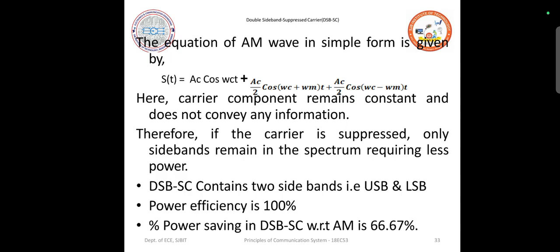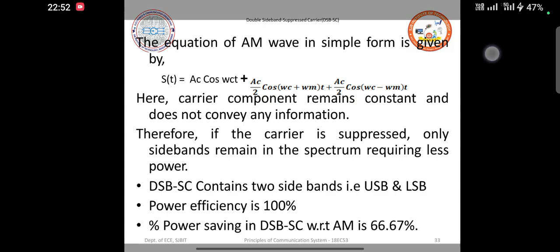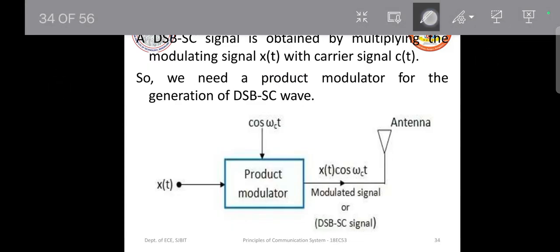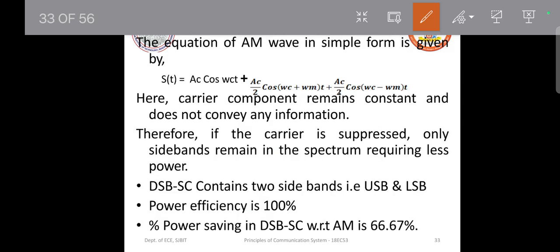But if you try to see the total average power, the carrier component consumes more power compared to the other two components. If you try to find the average power, for the first term, what is the total power consumed? The total power consumed by this is EC square divided by 2.